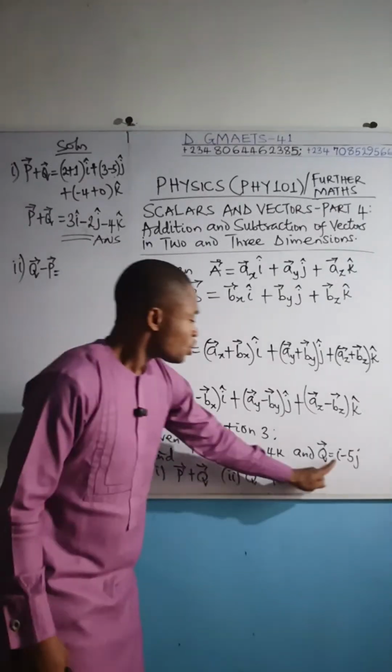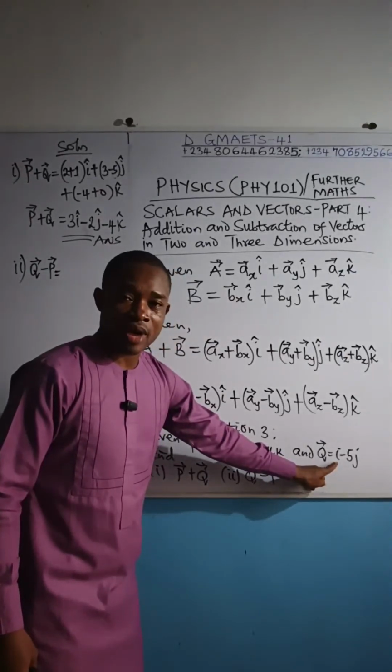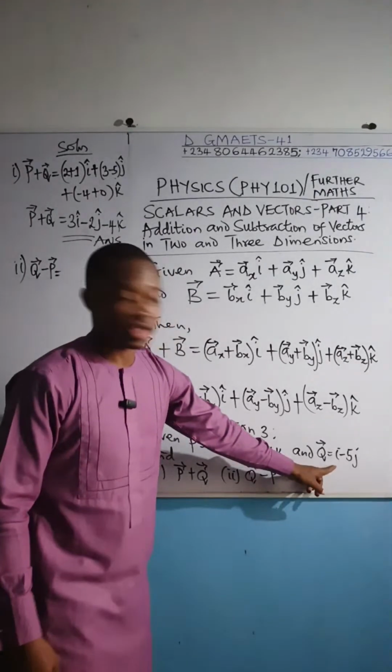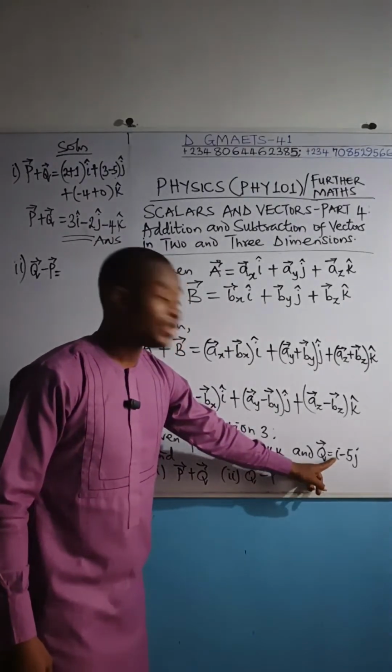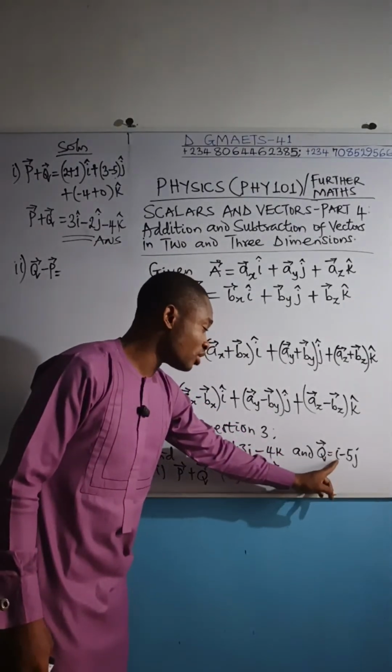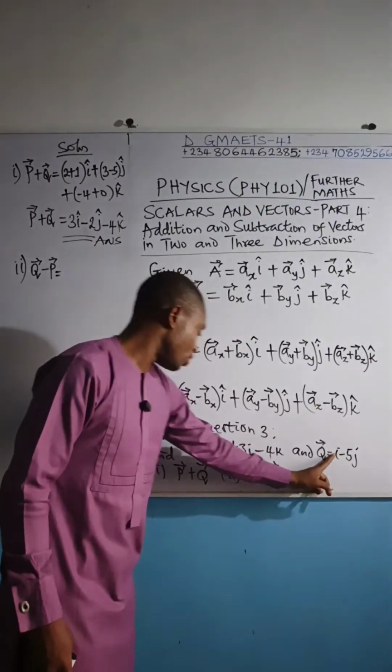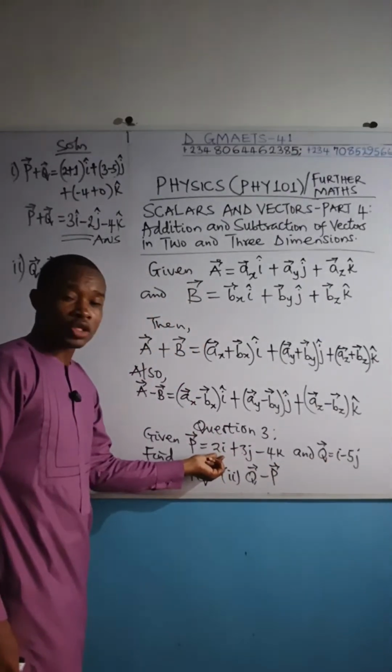So you come to the I component here, the X component in the I direction. The invisible 1 as the coefficient of I here, which is the X value, is going to be minus 2.